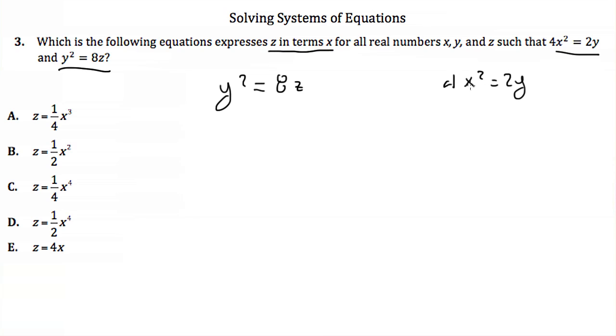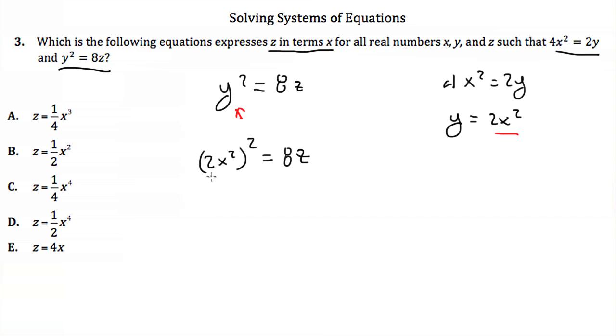If I divide both sides of this equation by 2, I'll get y is equal to 2x squared. And then I'm going to substitute this 2x squared into our other equation. So that means that 2x squared is equal to y. But here y is squared, so we're going to square that. And this is equal to 8z.